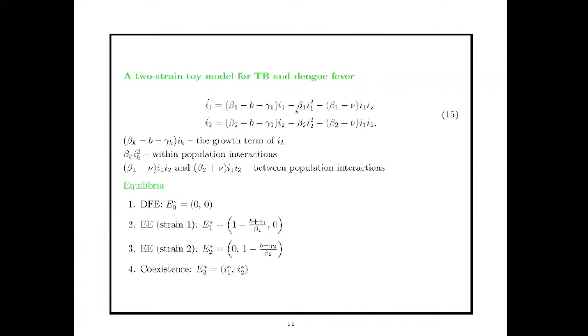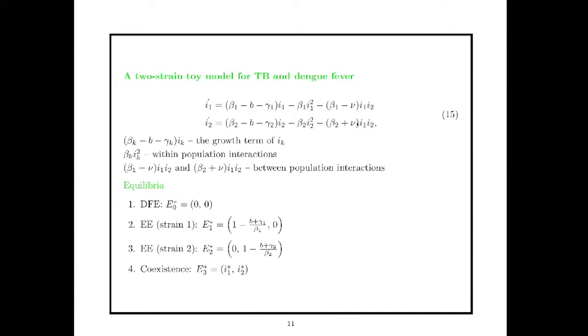It decreases as a result of interactions within the population, and it also has interactions between the two classes, I1 and I2. I don't want you to worry too much about the biology of this particular problem. All I want you to understand is this is a fairly standard set of equations that one looks at when one deals with infectious diseases. So this is slightly more complicated than the system that we looked at previously.